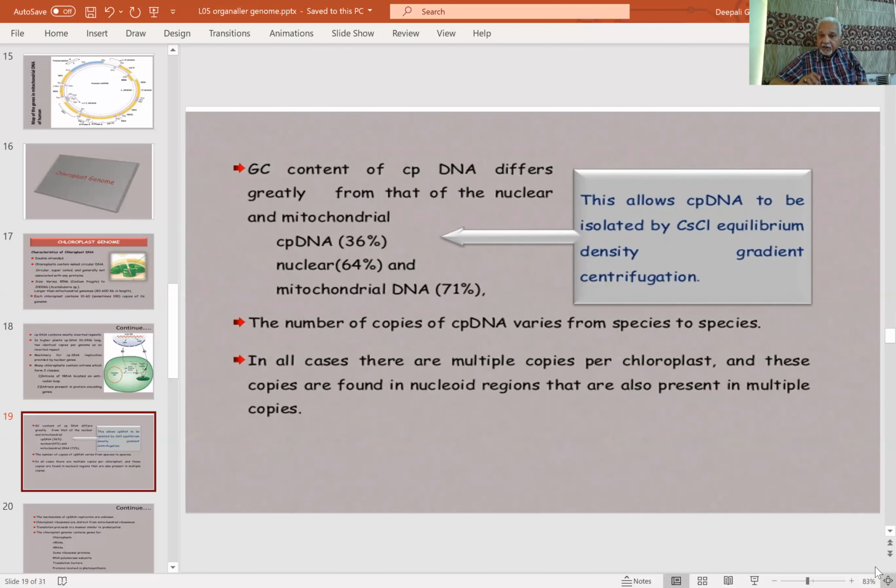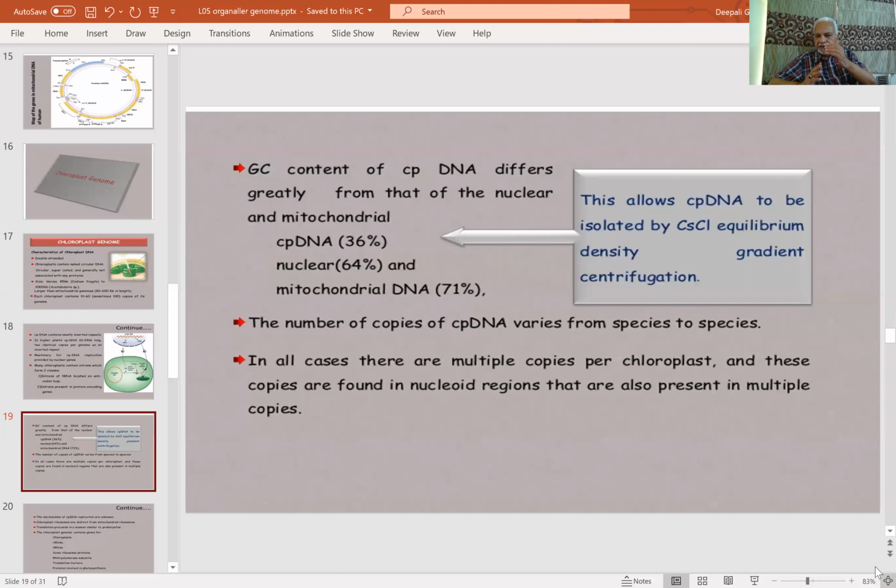And another sharp difference in mitochondrial DNA and the chloroplast DNA is that it is rich in GC contents. Okay, like for example, chloroplast DNA has 36% of GC content, nuclear DNA has 64, and mitochondrial DNA has 71% of GC content.